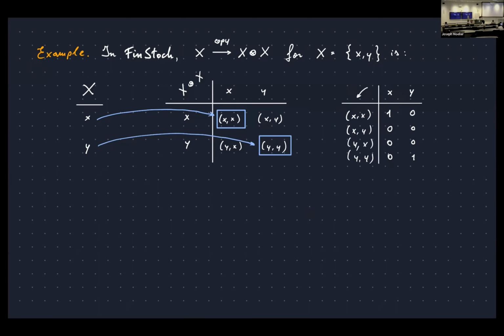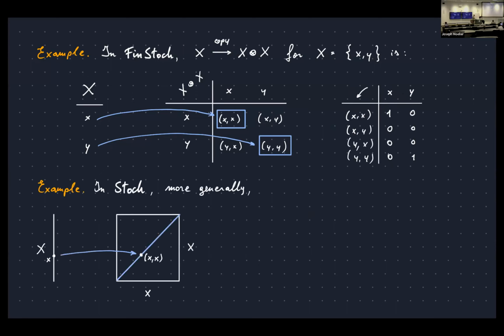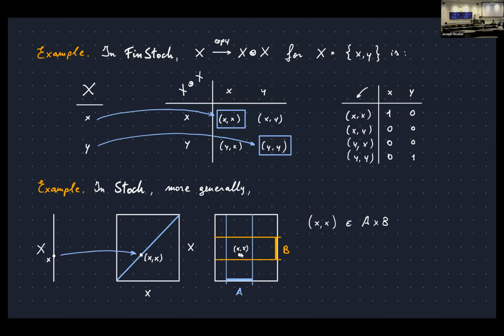What happens in the infinite case? It's, again, something like, okay, I've done it here for the unit interval. It's, again, some kind of diagonal embedding, but again, this is a function. How do you write this as a kernel? Well, I have to test for events, right? So (x, x) is in the event A in the first component and in the event B in the second component. How do we write this?